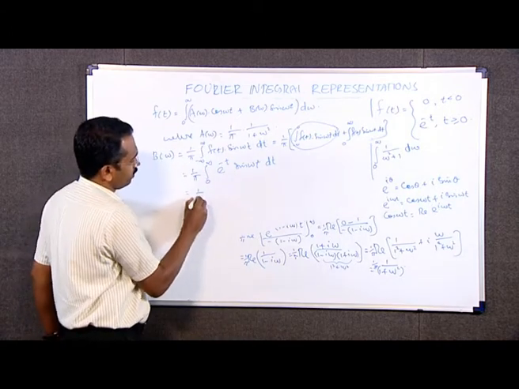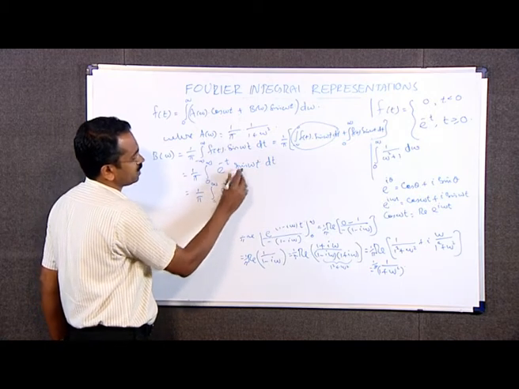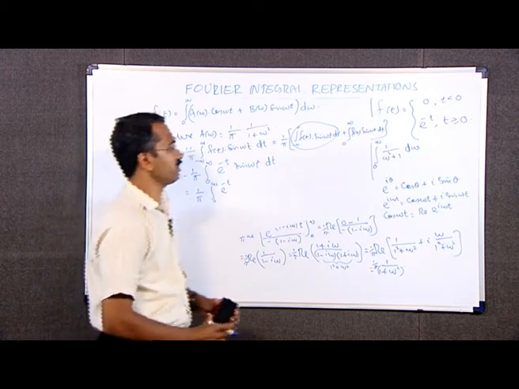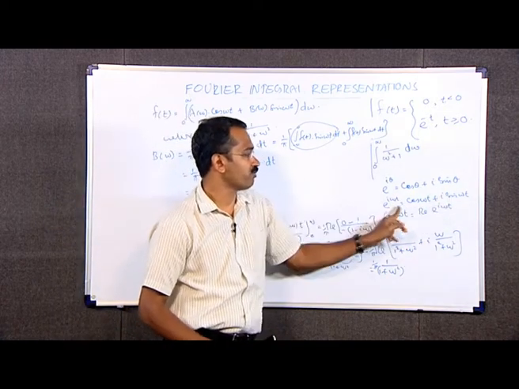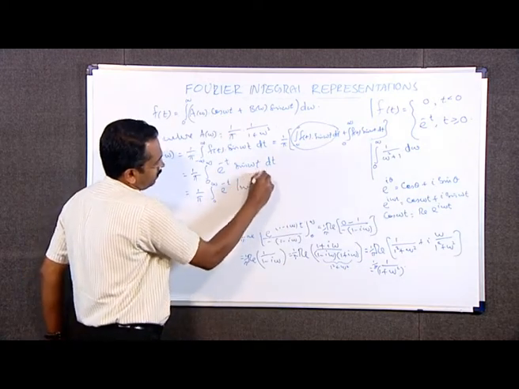That is equal to 1 by pi into integral from 0 to infinity e raised to minus t into sin omega t. This sin omega t can be written as the imaginary part of e raised to i omega t dt.